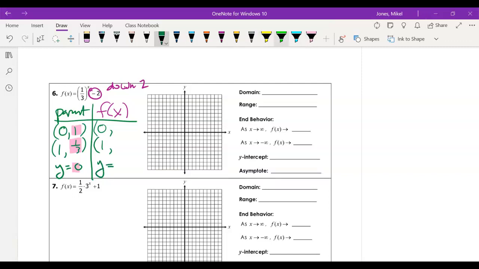So in order to get that y value down 2, I'm just going to subtract 2 from each number. So 1 minus 2 is -1. And then down here at the bottom, 0 minus 2 is -2. Fractions. 1/3 minus 2, oh, -5/3, yeah. Or we could think of that as -1 2/3.